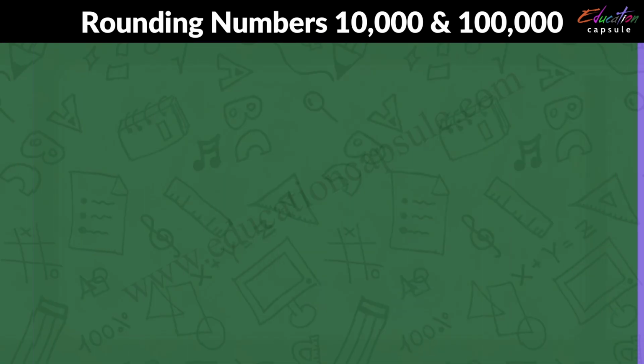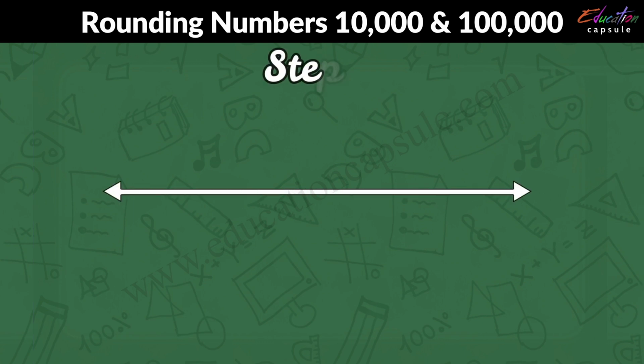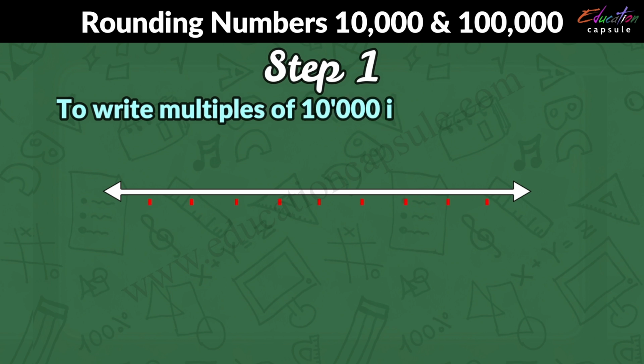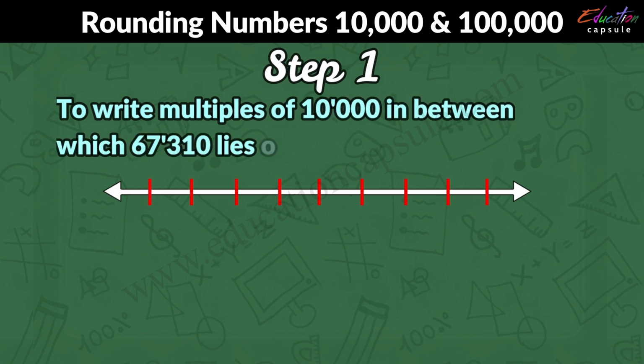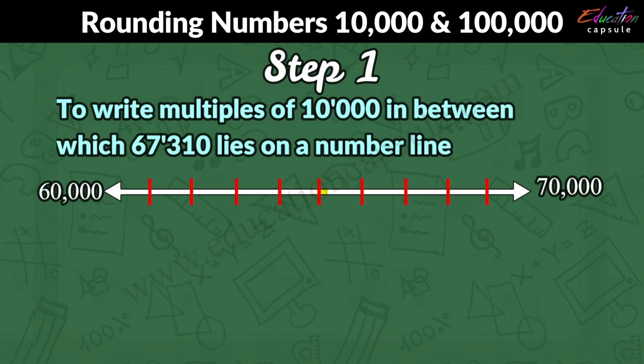First, using a number line, step 1 is to write the multiples of 10,000 in between which 67,310 lies on a number line.